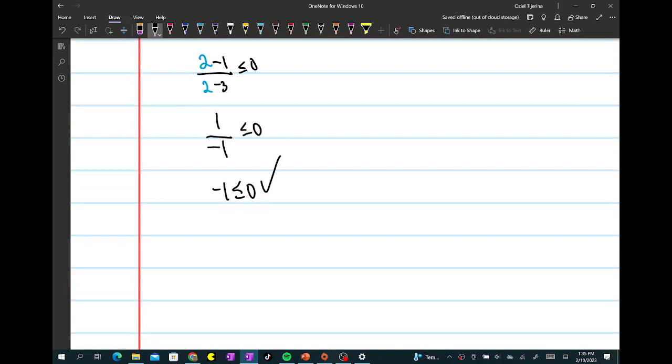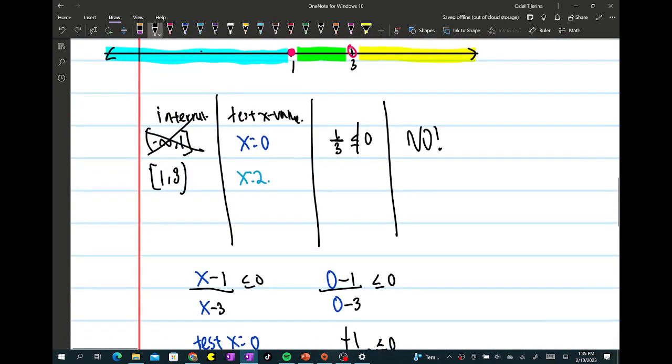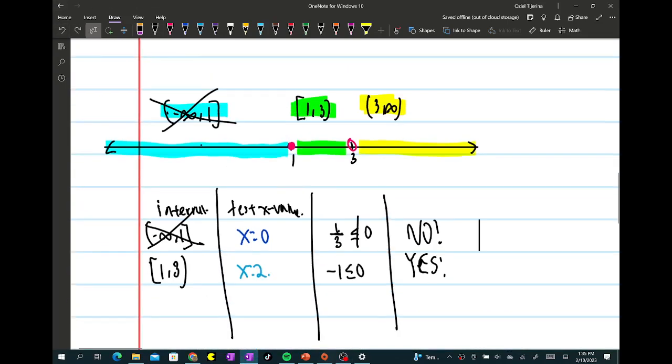This is true. So yes, this works. So another solution to this would be from 1 to 3.